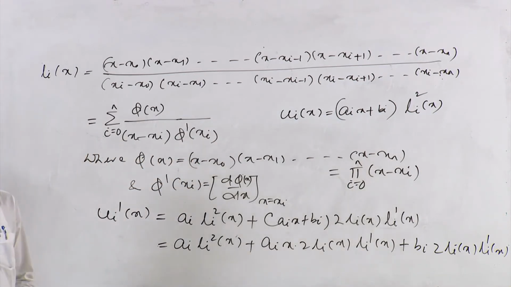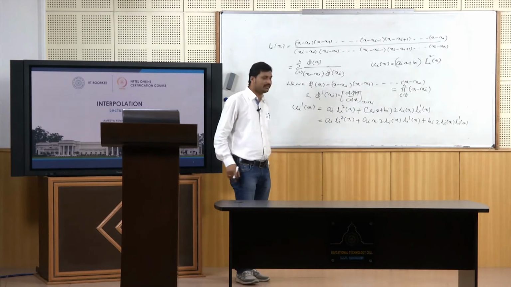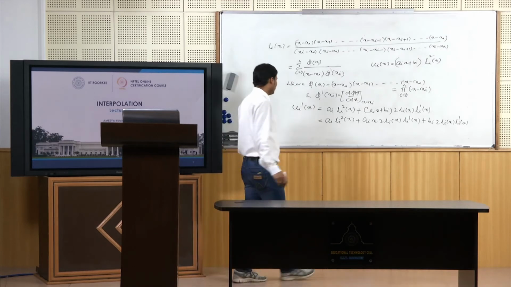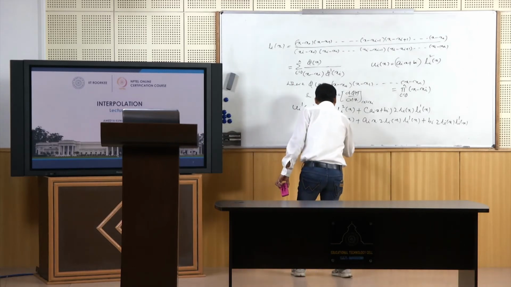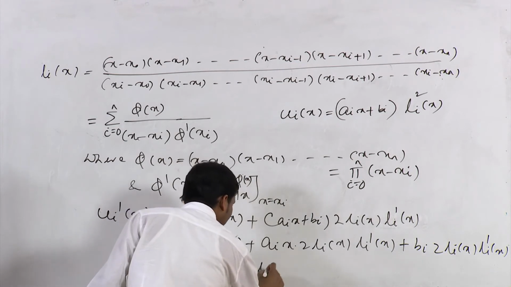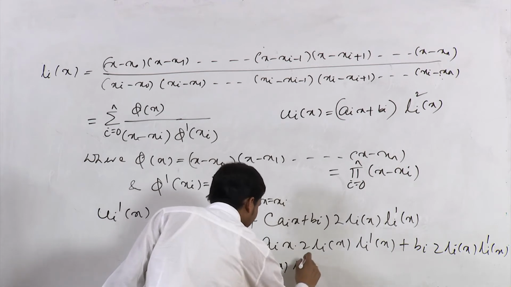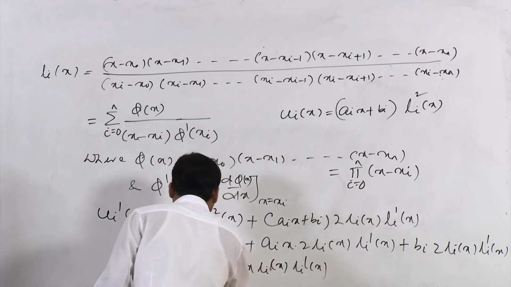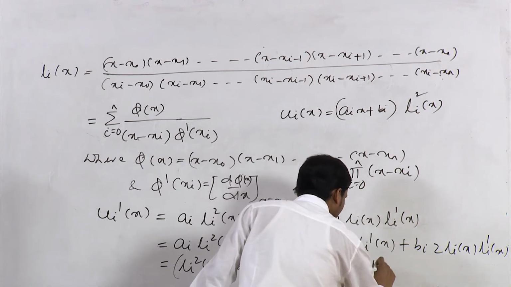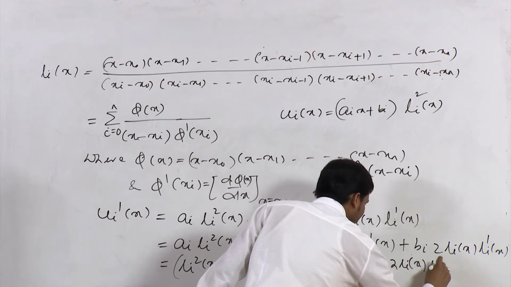Since we want to separate or eliminate ai from these equations, that can be written in the form of li square of x plus 2x li of x, li dash of x, into ai, plus bi into 2 li of x, li dash of x here.